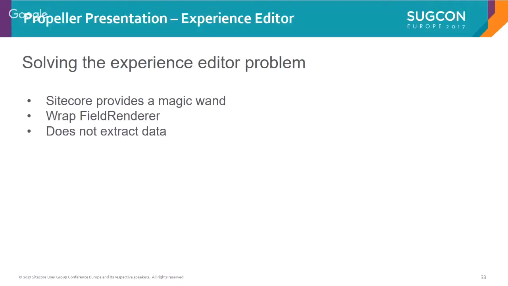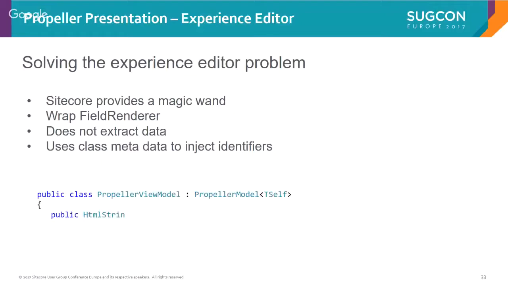And if it needs to go down the object tree, it just needs to go down, grab the reference Sitecore item, and then again it has access to the metadata on the class, which again provides the identifiers. And the result is this render method that wraps the Sitecore functionality.